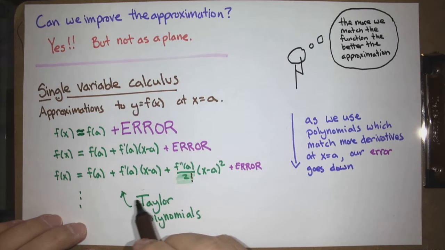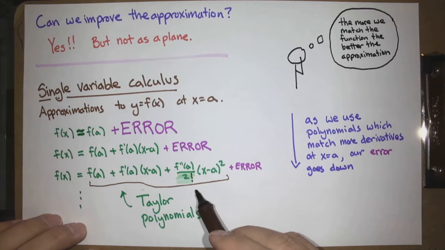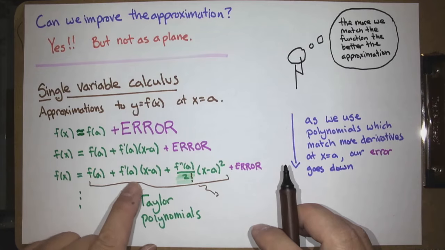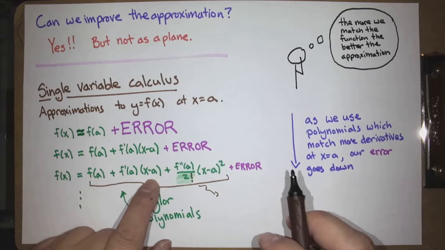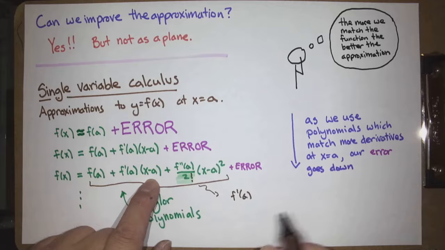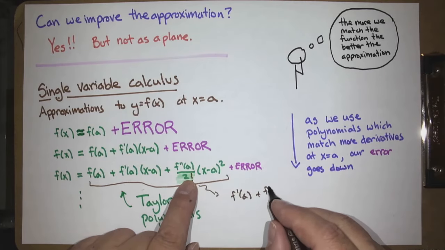Well, let's just think about what happens. So this is a polynomial. What happens to this after I take one derivative? Well, if you take a derivative of a constant, it's gone. If you take a derivative of f prime of a times x minus a, it's f prime of a. Now here, f double prime of a over 2, I'll just write that down.